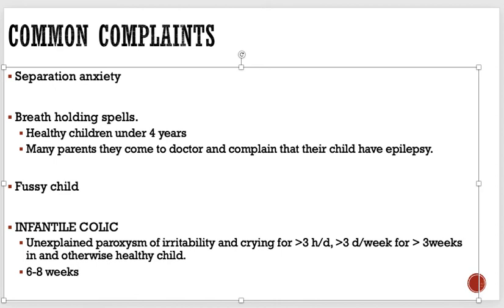In our country they say the child has gas, by the way. But what is believed is that it is due to a lag in the development of normal peristaltic movement in the GIT, and that's why they have some pain in the tummy.